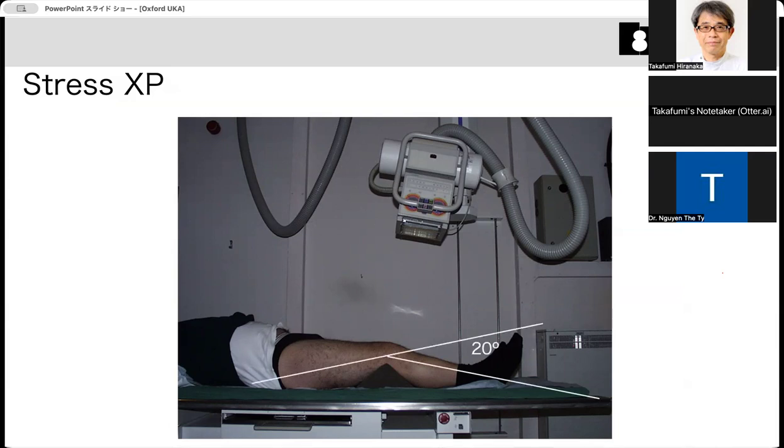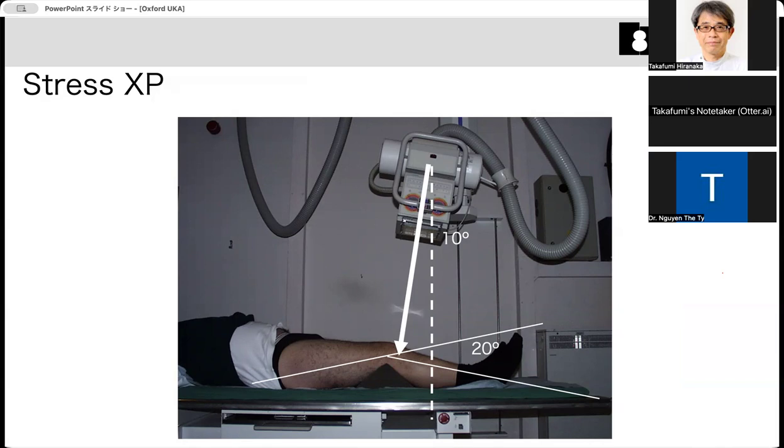So in the flexion, around 20 degrees flexion, to relax the posterior capsule and incline the X-ray beam 10 degrees upward. Eventually, the knee is relaxed and flexed, and the X-ray beam is nearly parallel to the joint line.